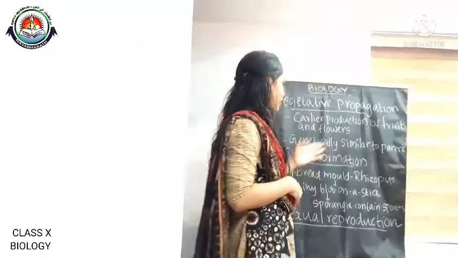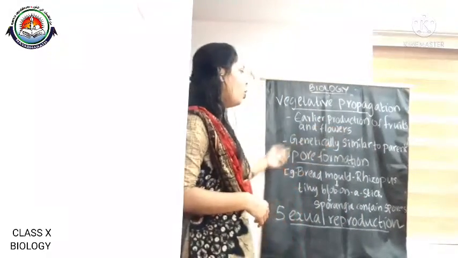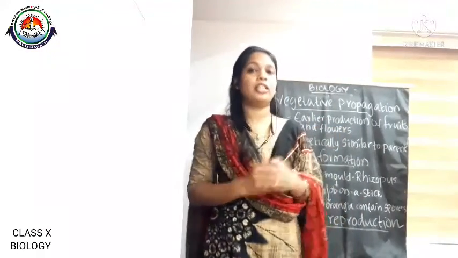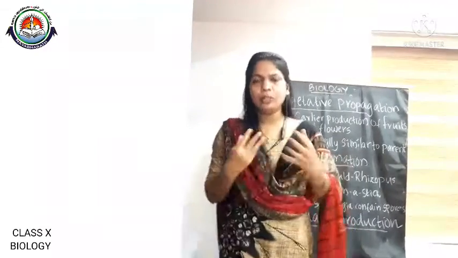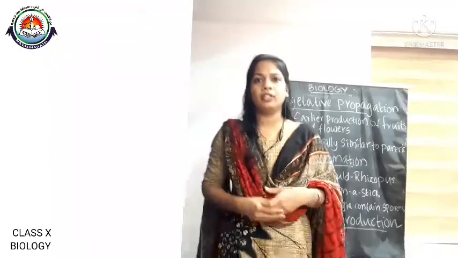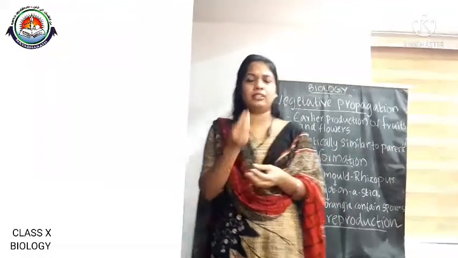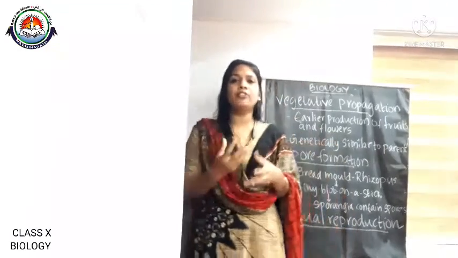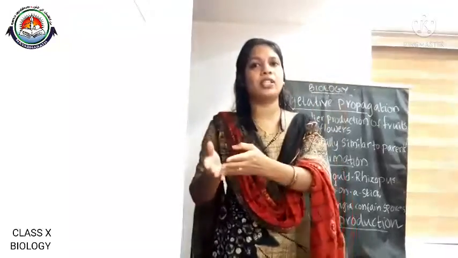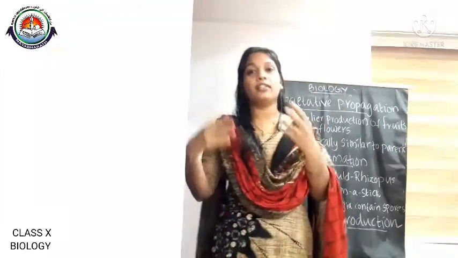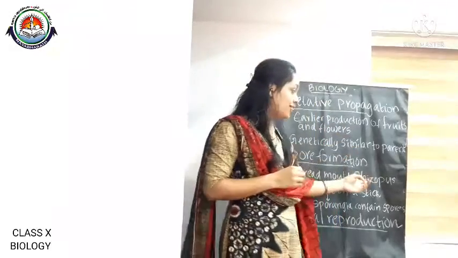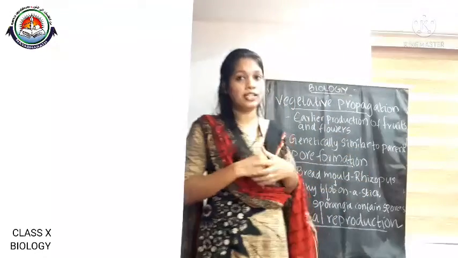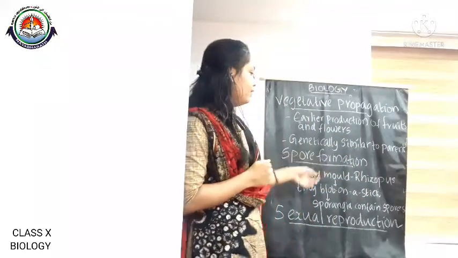The next topic that we discussed was spore formation. It is also an asexual method which mainly occurs in bread mold. How are bread molds formed? Bread molds are fungus-like organisms. They are formed when bread is kept in cool, moist and dark places. Bread mold is otherwise called Rhizopus.